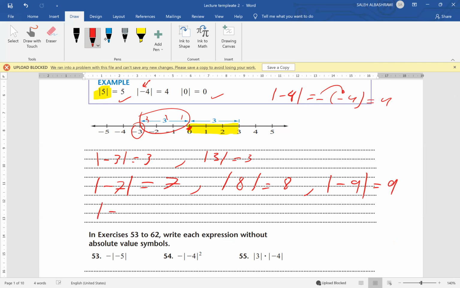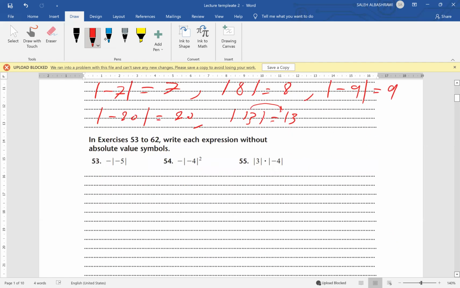The absolute value of minus 20 is equal to 20. The absolute value of 13 is equal to 13. So if it is positive, just write it without the absolute value as it is. If it is negative, make it positive by multiplying by negative.